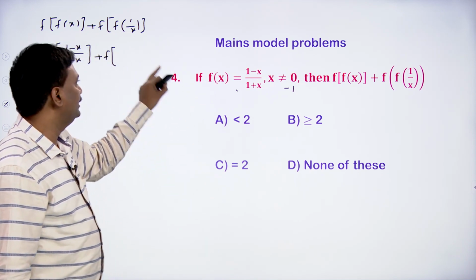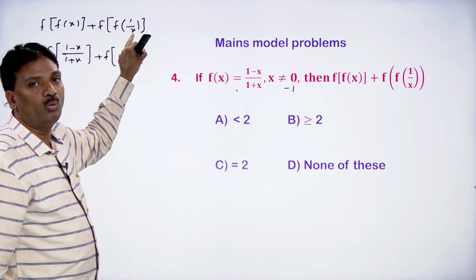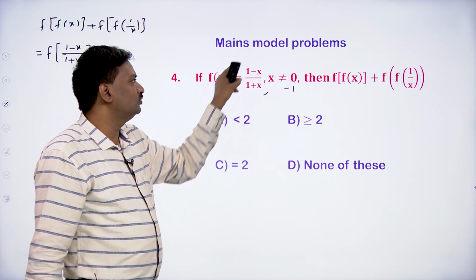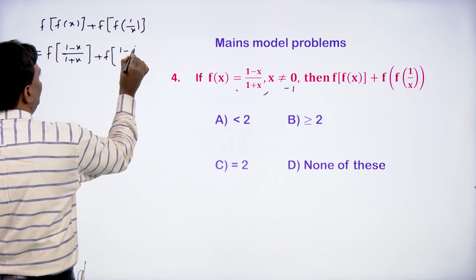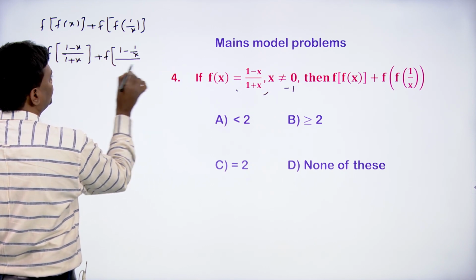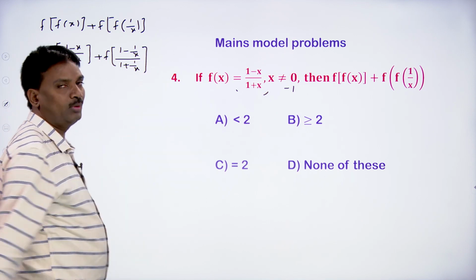By comparing f of x with f of 1 by x, in place of x we have 1 by x. So here also, in place of x, by writing 1 by x, you will get 1 minus 1 by x by 1 plus 1 by x.